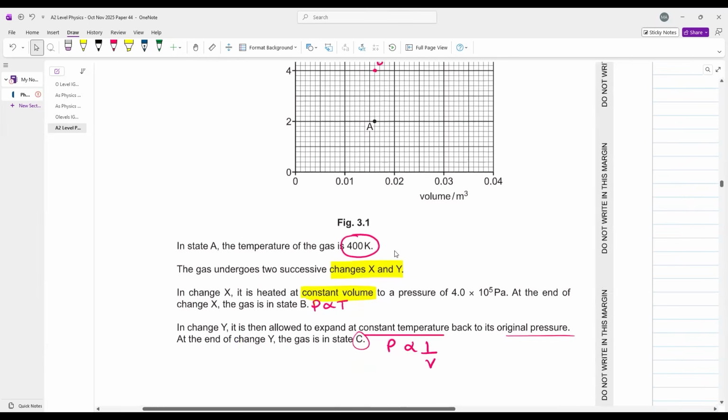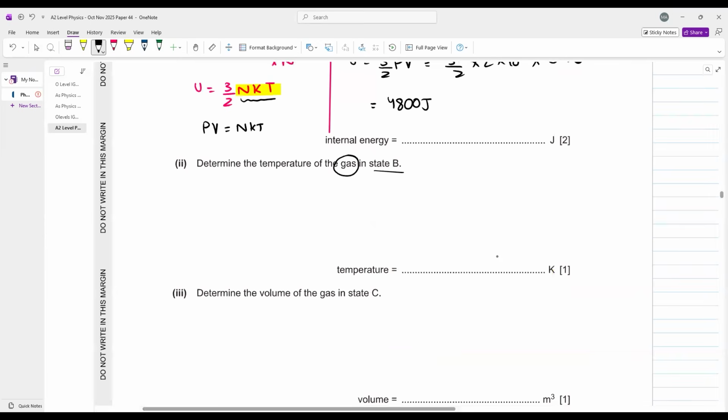How will you do that? Can you realize A पे temperature क्या था? The temperature at A is 400 kelvins. Okay. Now, please realize. As you are going from A to B, you are moving at constant volume. जब भी आप constant volume पे move कर रहे होते हो, pressure becomes directly proportional to temperature.